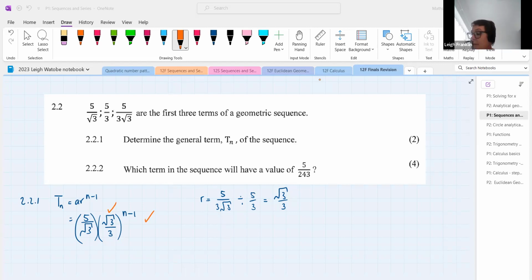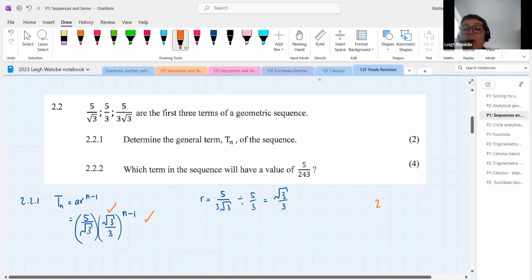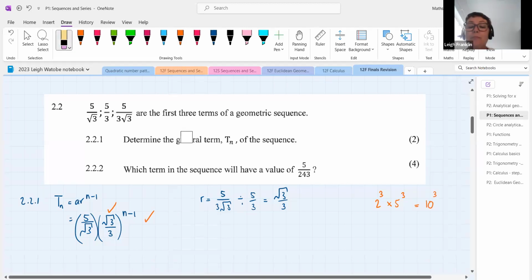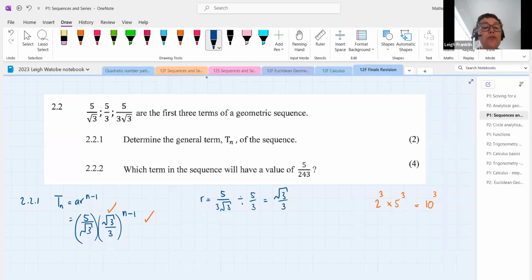Remember, the only time that we are allowed, so the people in boot camp would have seen this, the only time we are allowed to multiply two bases that are different to one another with each other is if the exponent is the same. So in other words, if I have a situation like that, because my exponents are the same, then I am allowed to multiply the bases together and keep that exponent. Okay, but that is not what is happening in question 2.2.1.